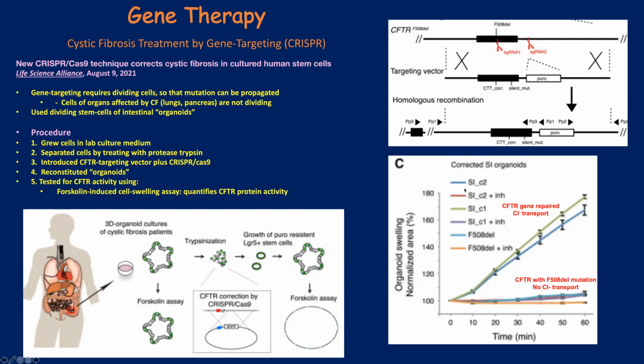But the blue line and the green line here are cells in which the mutant gene was replaced with wild type, and you can see that they transport chloride very efficiently. So that proves that it can work, but these are cells in culture. They're not treating a human body.